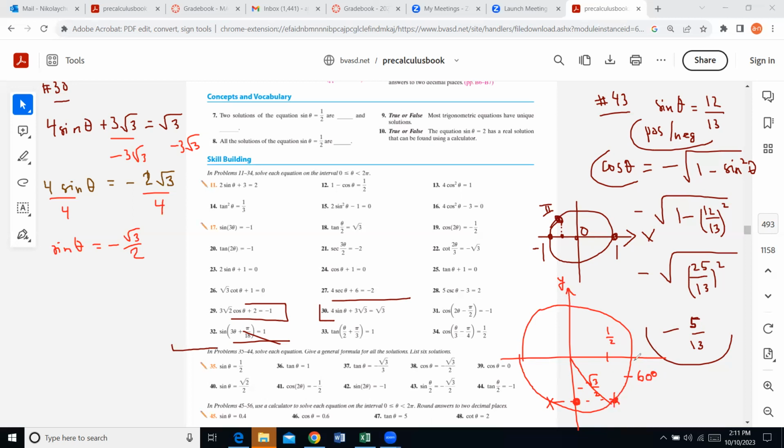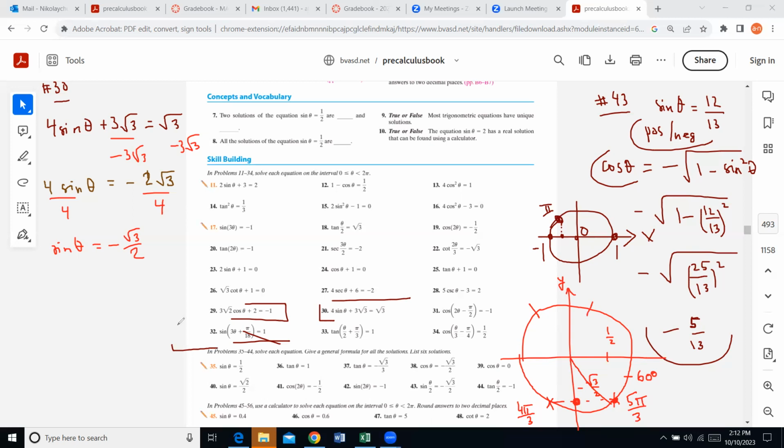But they want answers on the interval from 0 to 2 pi. So I'm going to take, it's like pi over 3. 1, 2, 3, 4 pi over 3. And then 5 pi over 3. Or if you take negative pi over 3, that'd be going in the opposite direction.